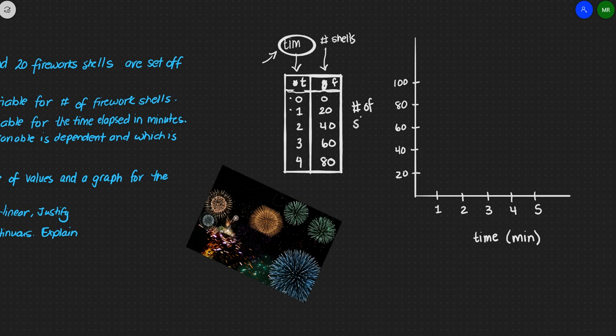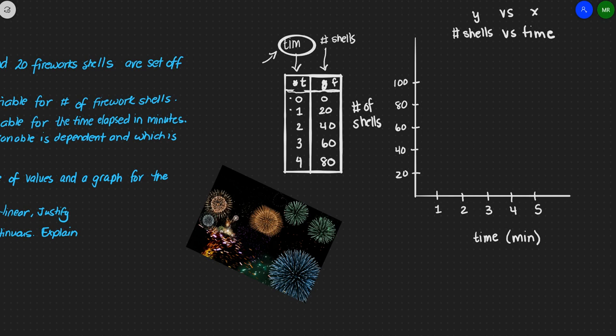Number of shells doesn't have a unit, so we're going to leave that. And then here we're going to put a title, number of shells versus time. Usually it's y versus x, whatever that is in your graph.